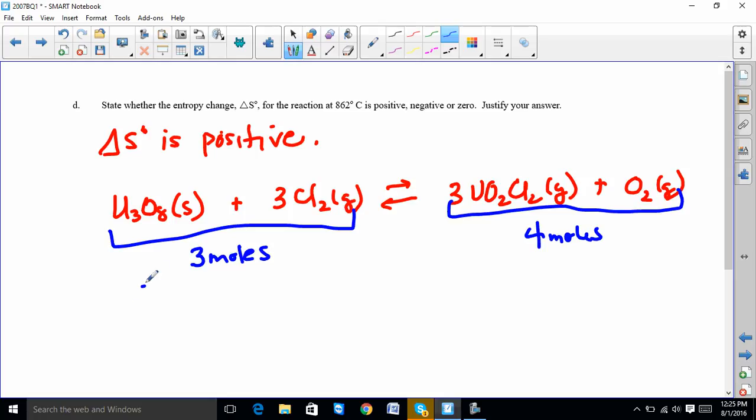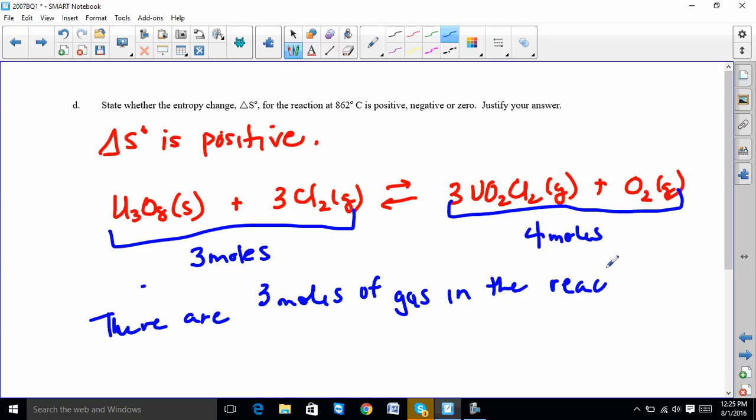I would justify this by saying, there are 3 moles of gas in the reactants, and 4 moles of gas in the products.